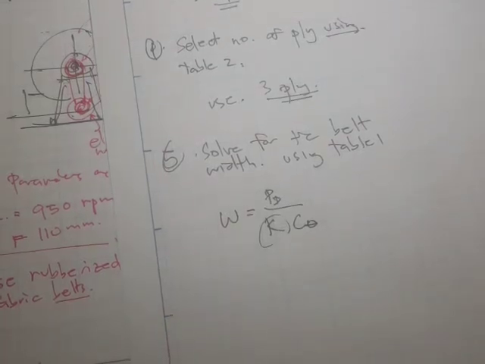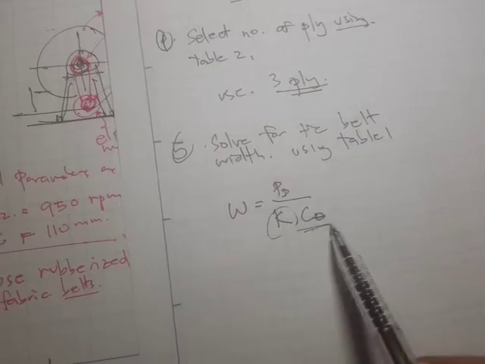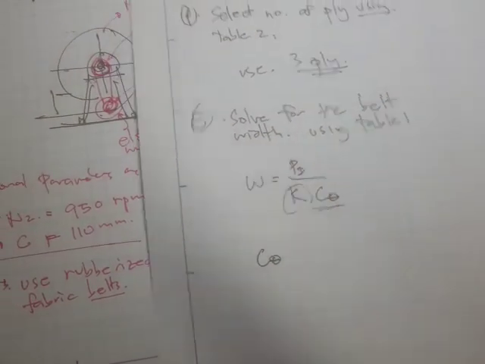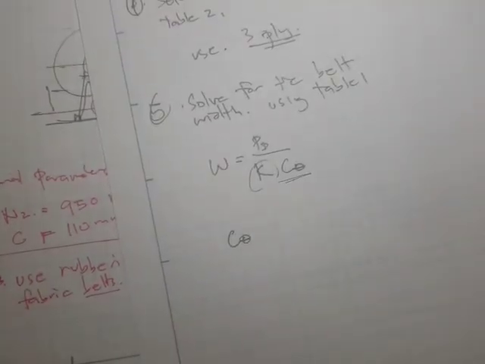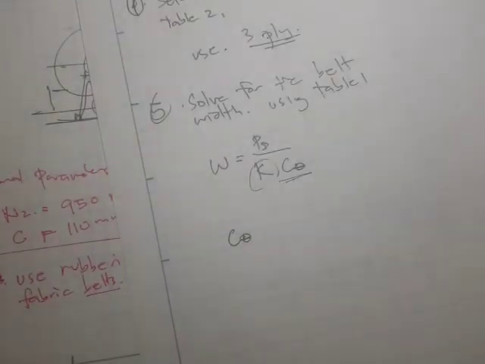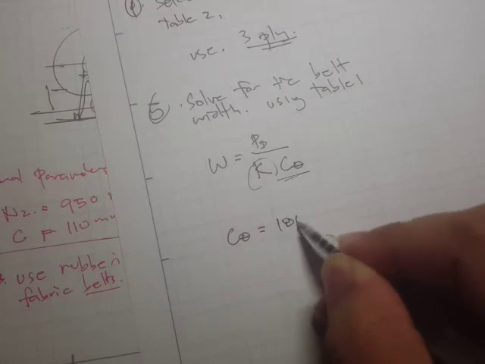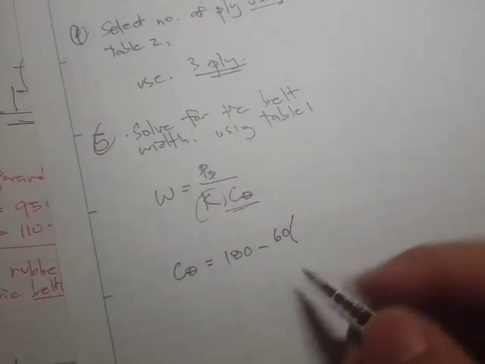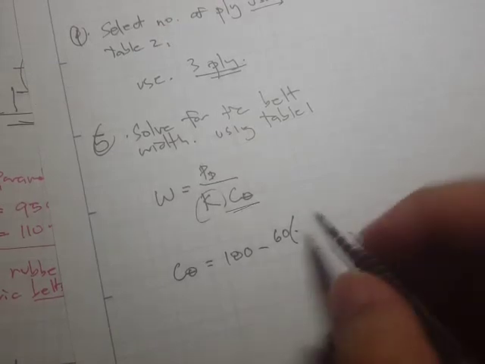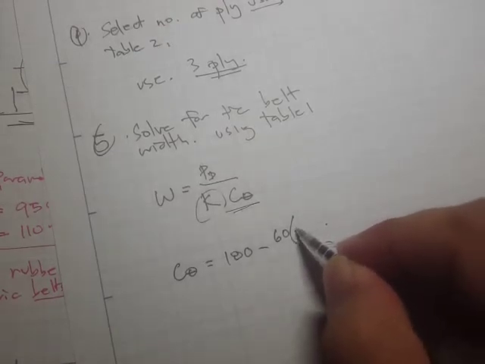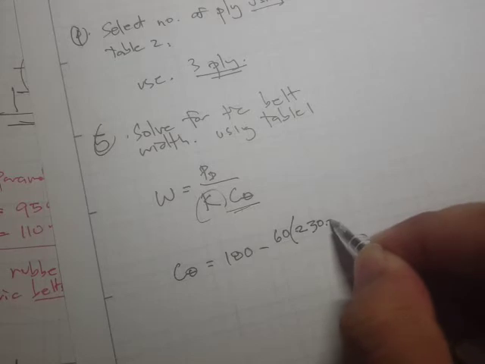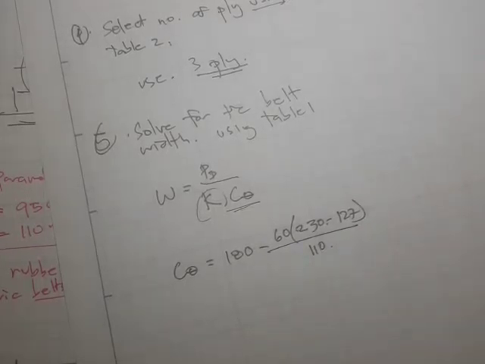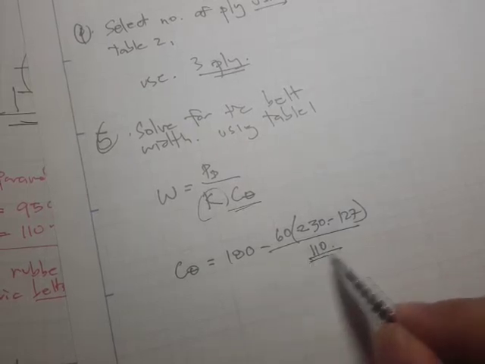So first, let's find this. C theta is equal to 180. So here's our equation, minus 60 times the difference between the two diameters, 230 minus 127, divided by this center distance.